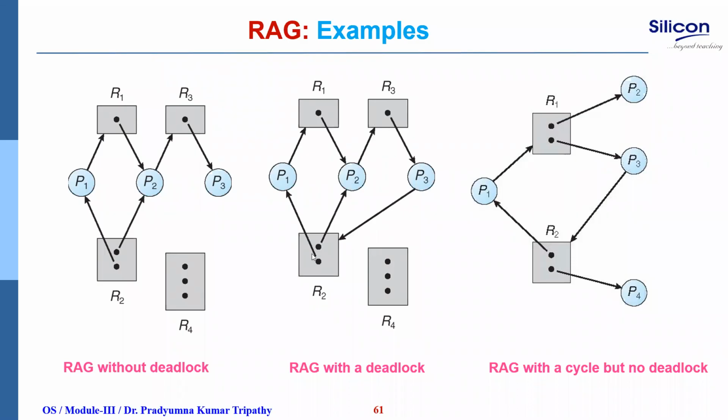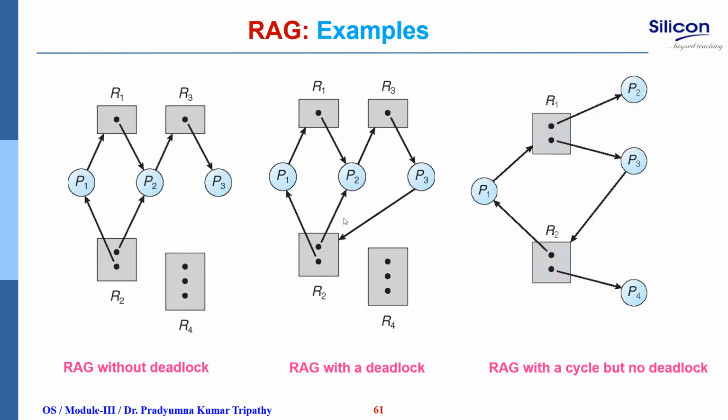So there are two different cycles over here. The processes involved in a cycle are said to be in deadlock. There may be n processes running, but only the processes involved in that cycle are said to be in deadlock.